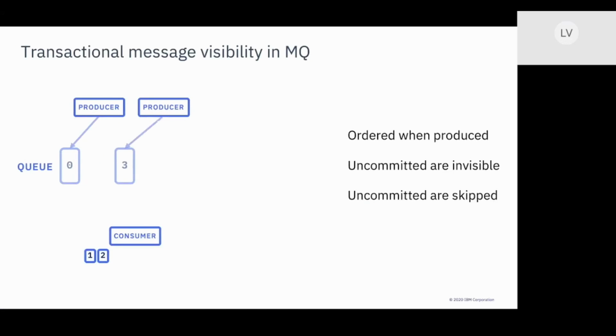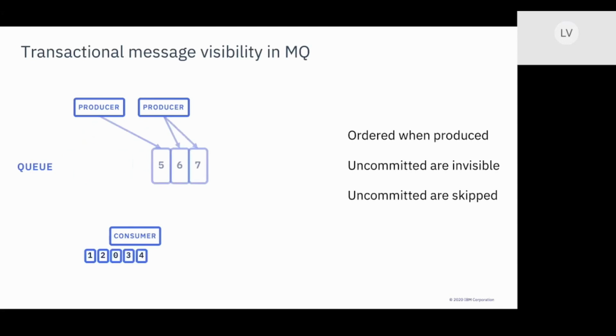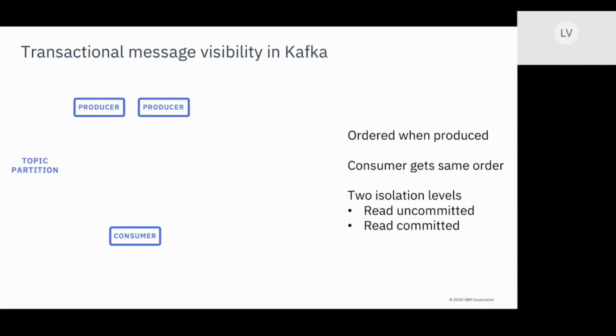And then once the 0 is committed, then we're able to consume this information. This is a behavior you can find in MQ as well. More or less, that's the same thing with Kafka. But in this case, as well, we can decide to remove this information if you want.